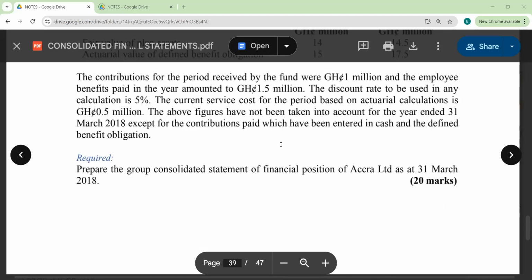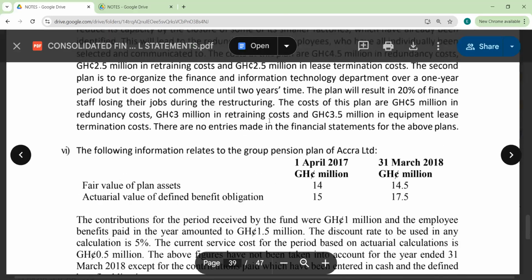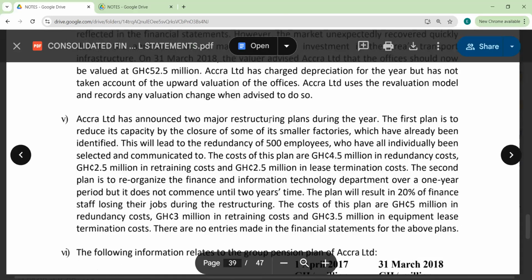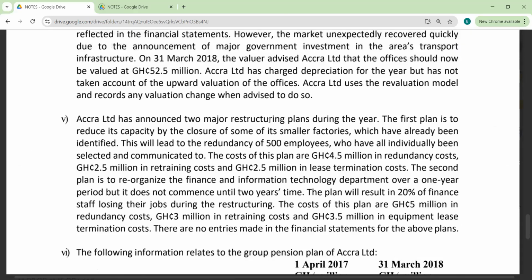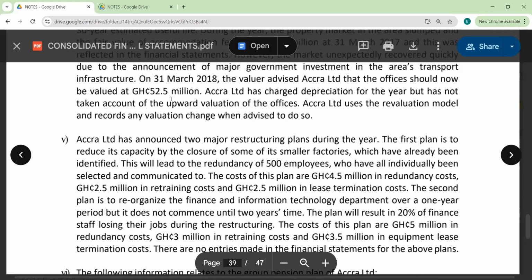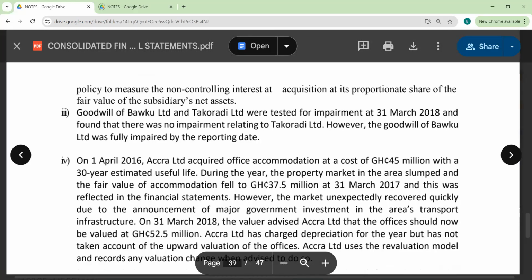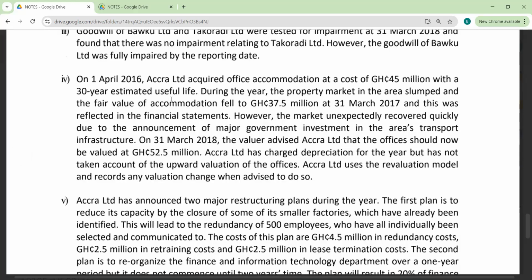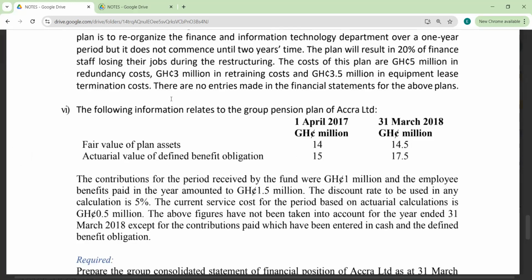So I'm going to take my time to deal with these three footnotes to affect the parent. So take notice of that, and we are good to go. Group retained earnings and three footnotes, note 4, note 5, and note 6. Then you are done with the question.